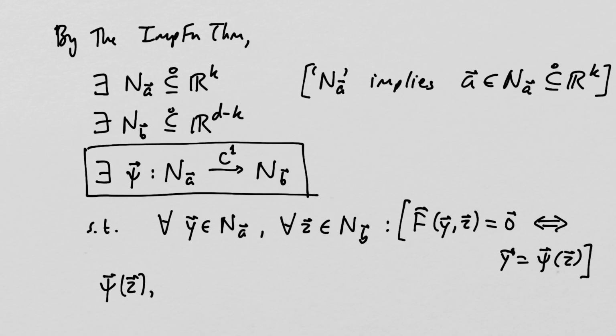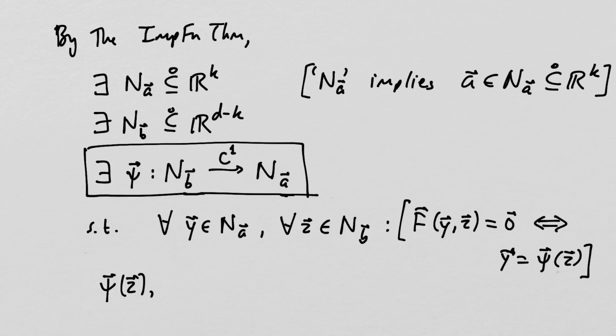Oh, what's the size of that? That's a vector that, sorry, I did something slightly wrong here. Let me correct a mistake. Psi is a function of z, and z belongs to this neighborhood. So I wrote the mapping a little bit backwards. It's actually mapping NB into NA. I'm glad I caught that. I think that probably in the last video, part 3, when I mentioned the implicit function theorem, I messed that up too at that point.